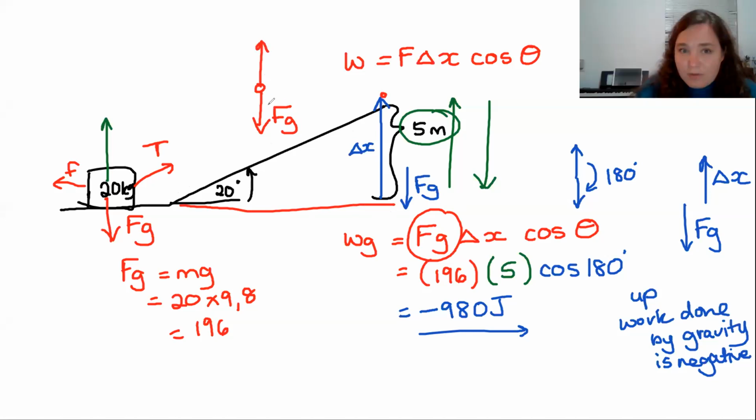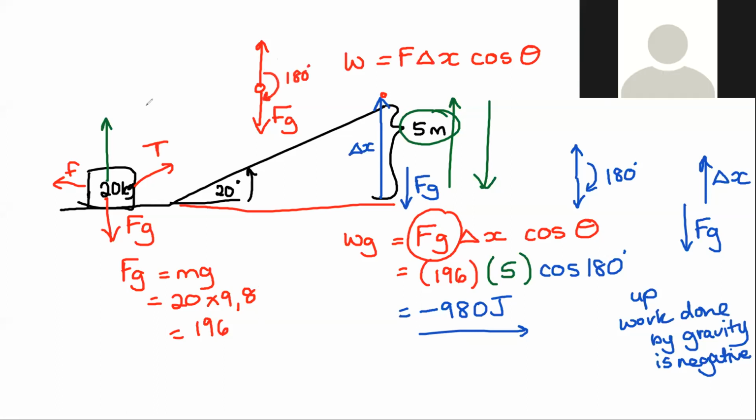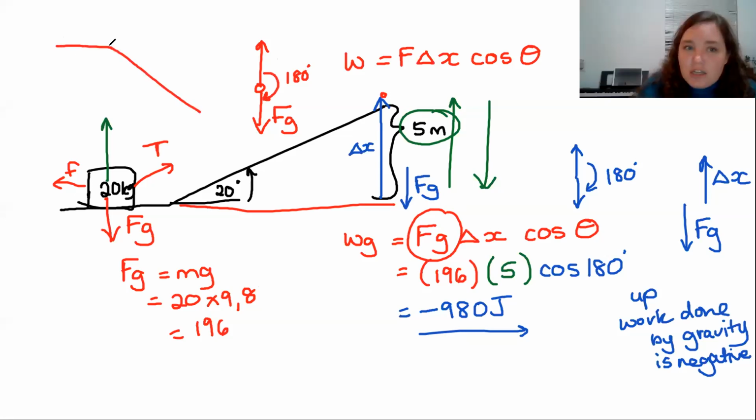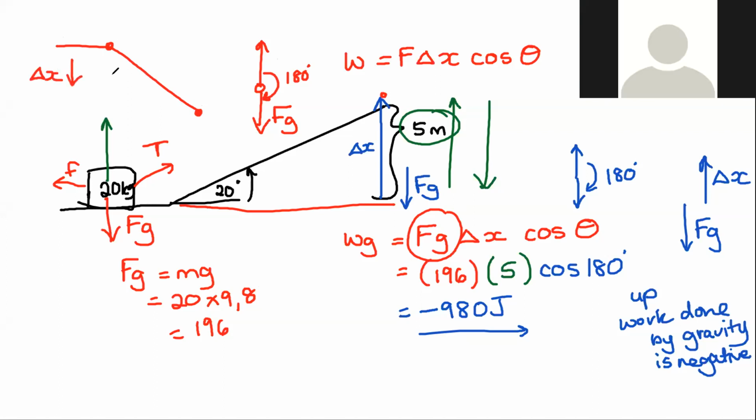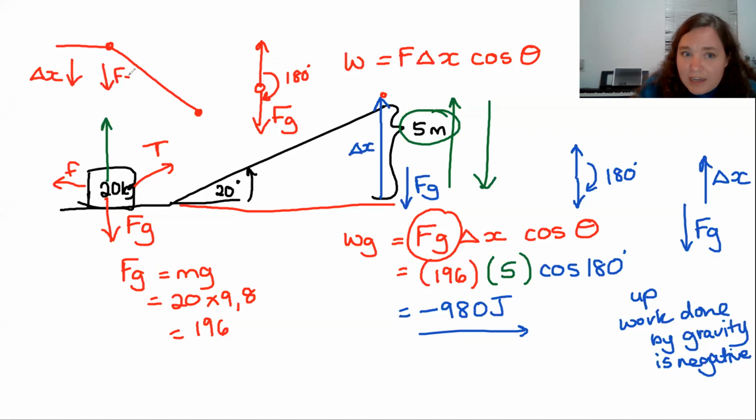Now, our rule here is if these are in completely opposite directions, the angle between them is 180 degrees. If this object had started at the top and moved to the bottom, then its displacement would be down and its weight would be down.